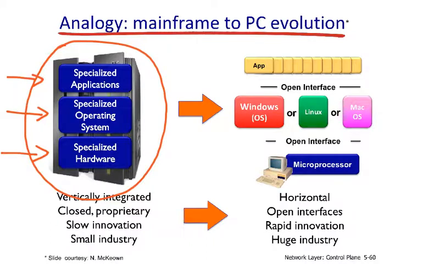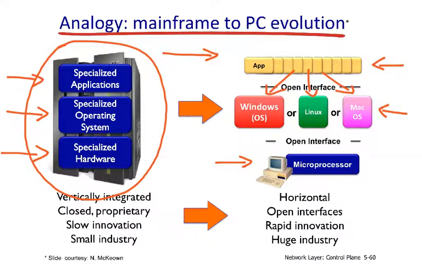So it was a slow innovation in a small industry, but with the migration from mainframes to PC, we finally could have different hardware vendors, different operating systems like Windows OS, Linux or Mac OS, and on top, different applications running on each of the different operating systems.